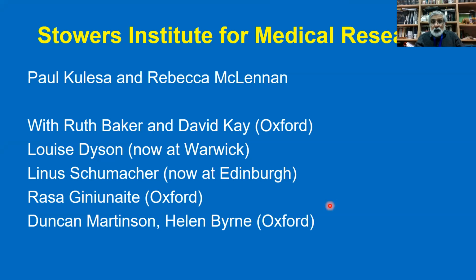The neural crest work is with Paul, Glessa, and Rebecca. And in fact, Paul's just moved, next term he'll move from the Stowers to Notre Dame, with a number of colleagues in the department and a series of graduate students.